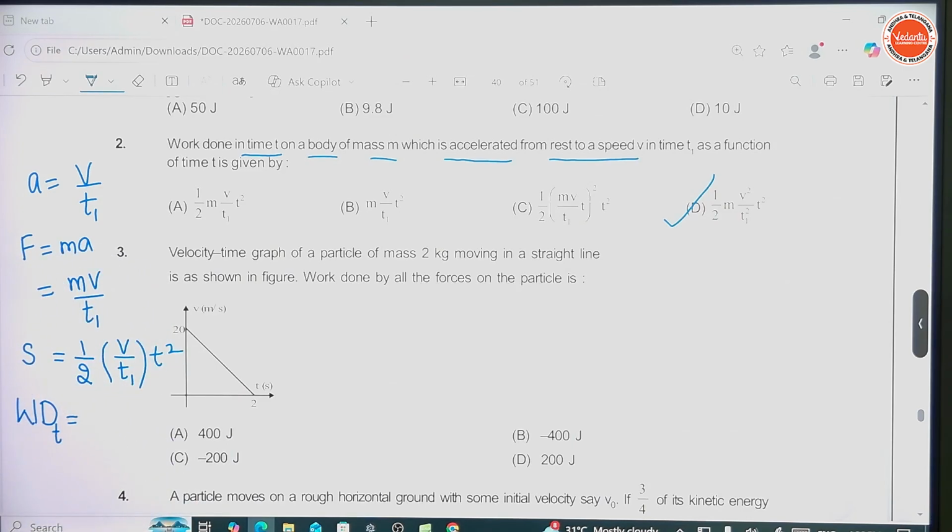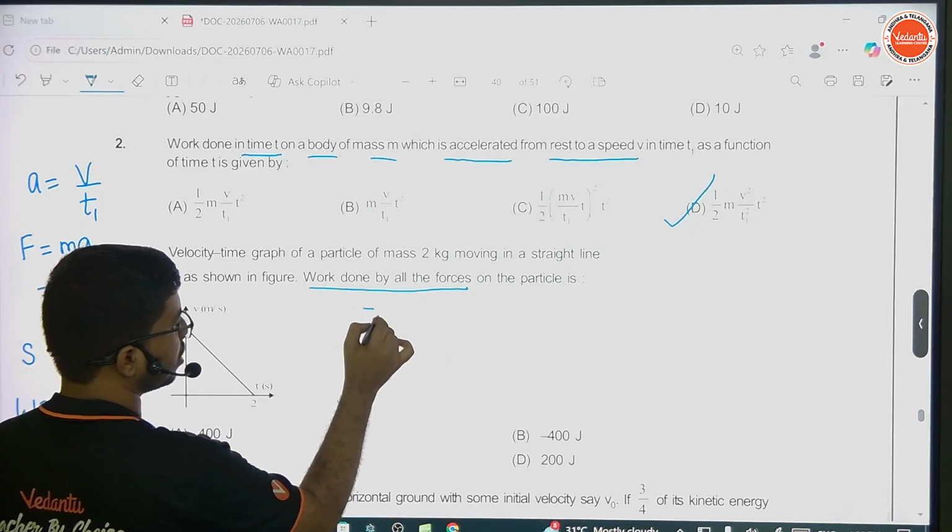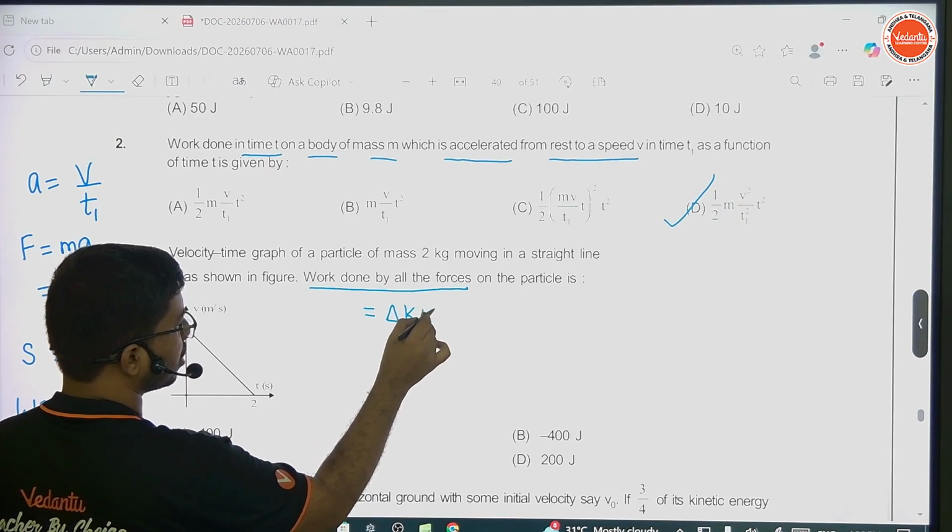Then look at the third one. Velocity-time graph of a particle of mass 2 kg moving in a straight line is shown in the figure. Find the work done by all forces on the particle. Now directly apply the work energy theorem, right? Work done by all the forces is equal to the change in the kinetic energy.